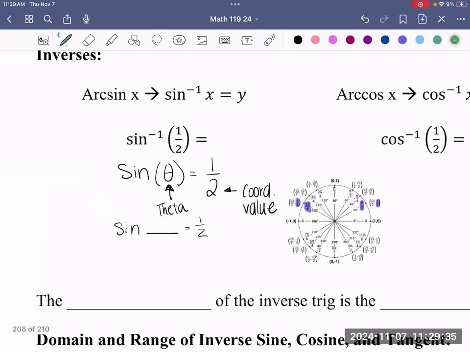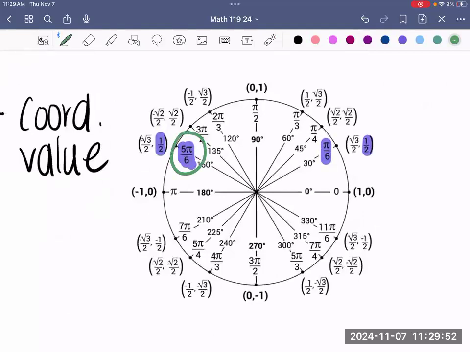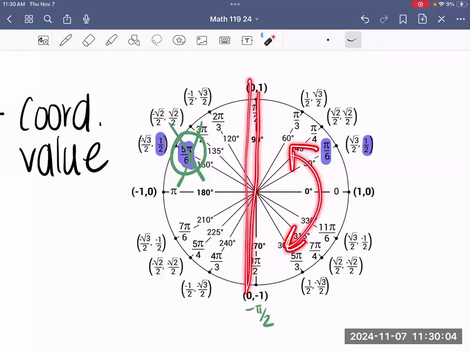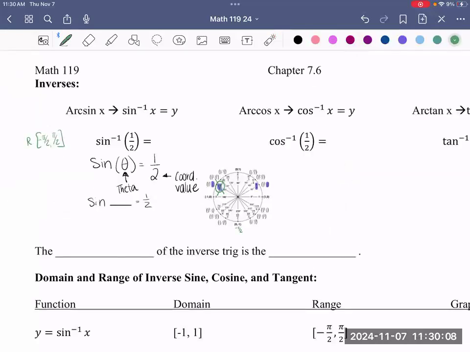Your restriction for sine said we needed to be in the range from -π/2 to π/2. Is 5π/6 going to be between π/2 and -π/2? No, so this one is a no-go. We're going to be bouncing between these two areas, which means our only option is π/6.